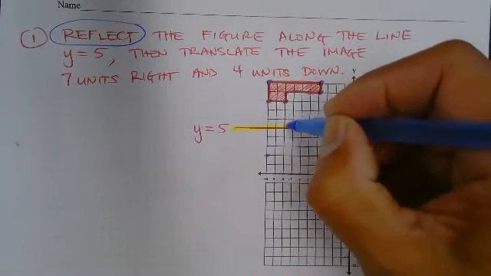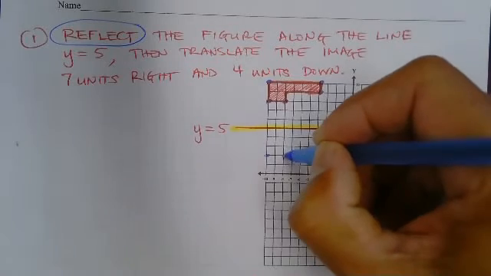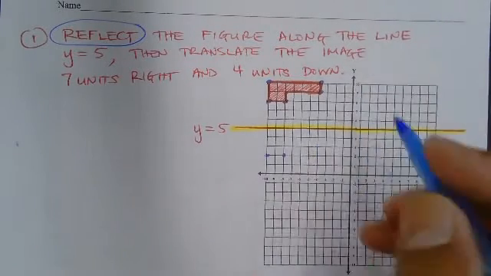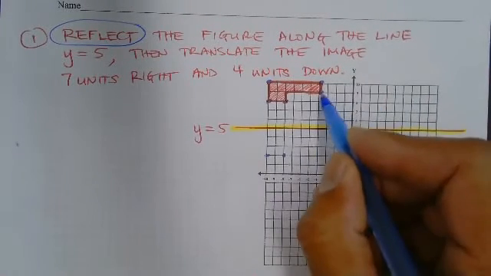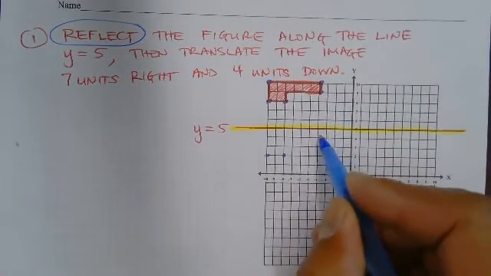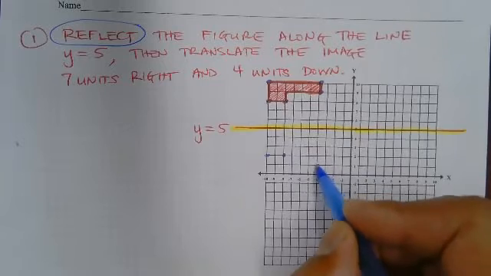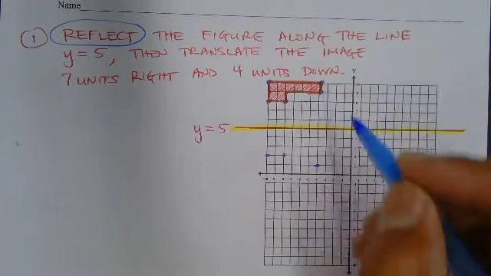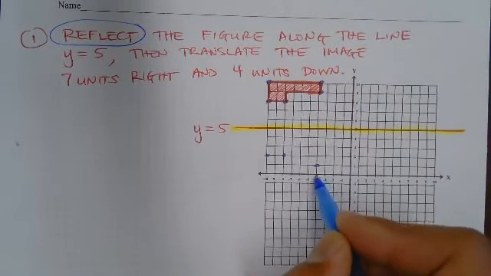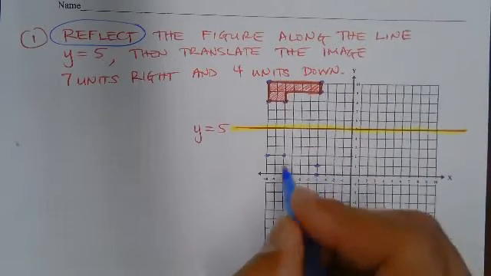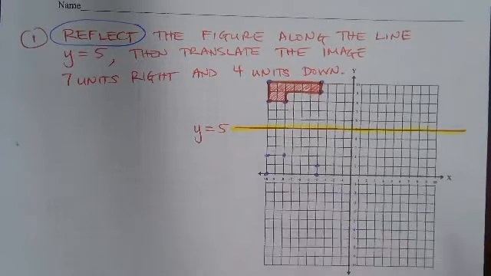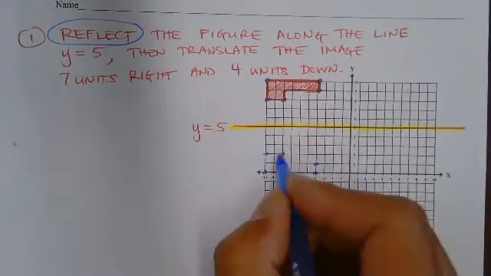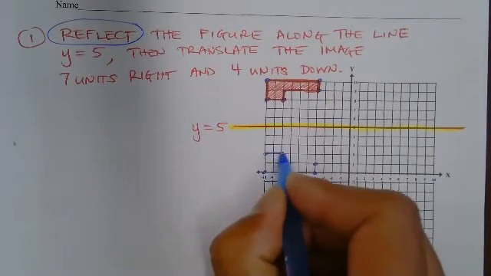Okay, same thing here. 1, 2, 3. And this one is going to be 1, 2, 3, 4. And this is going to be 5. I think it's going to be right here. Is that right? Does that look like that's where it is when you reflect it?